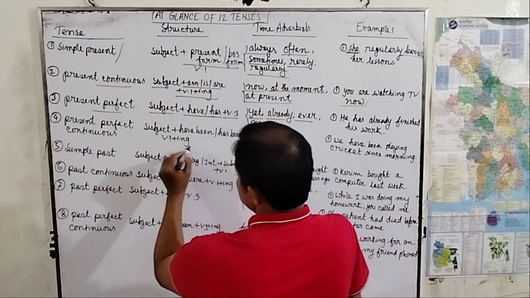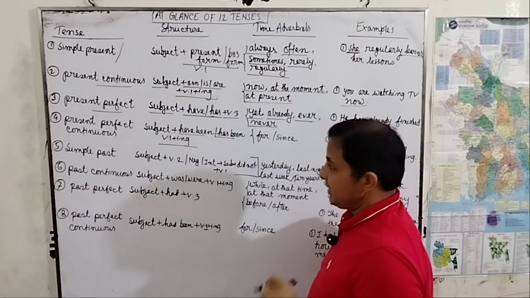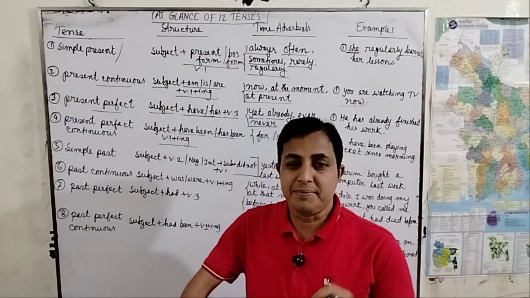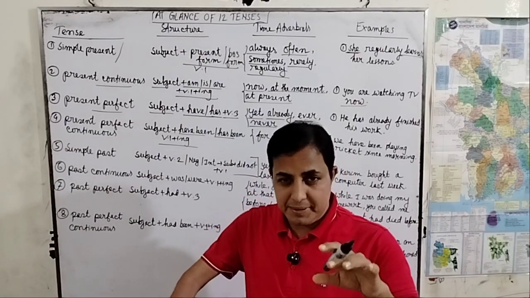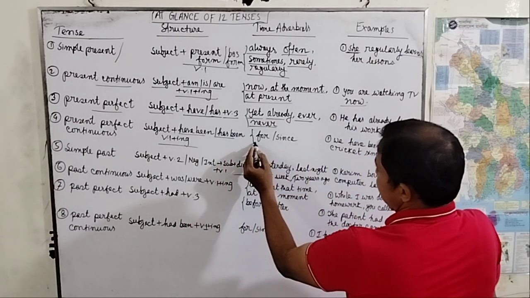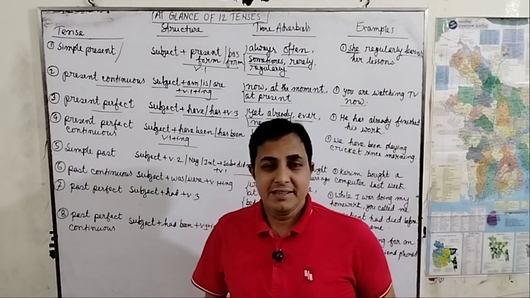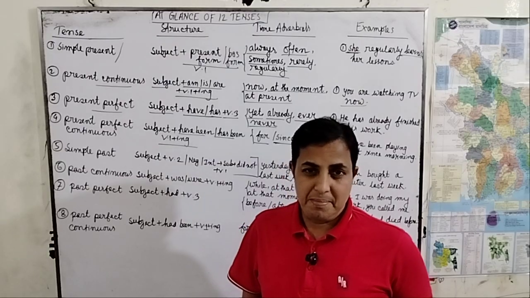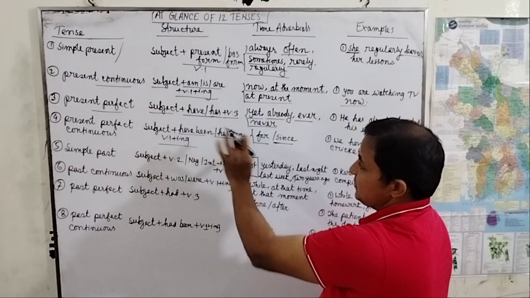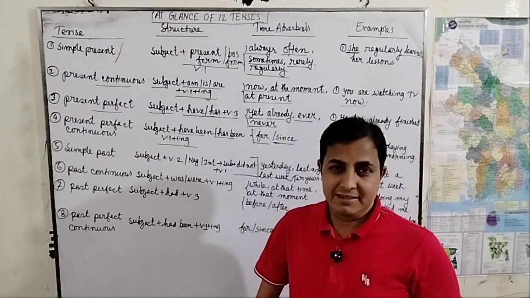Present perfect continuous. Subject plus have been, has been, V1 plus ing. Mind it, every continuous tense must take the present participle. Present participle means present form plus ing. Adverbials: for, since. For means indefinite time, since means definite time. After the subject, you have to choose auxiliary verbs according to the subject.